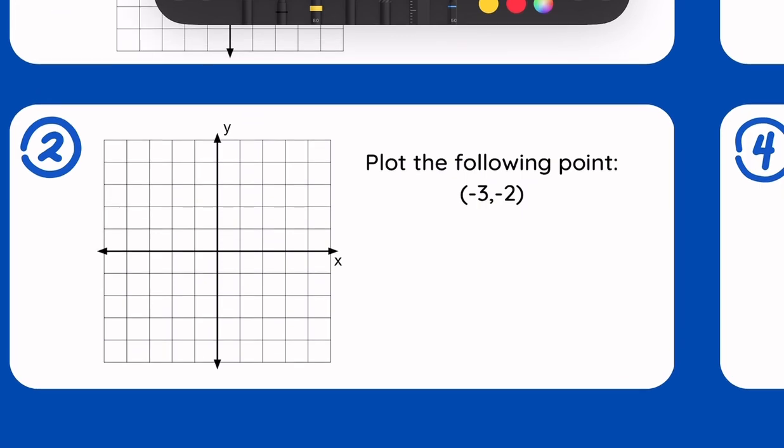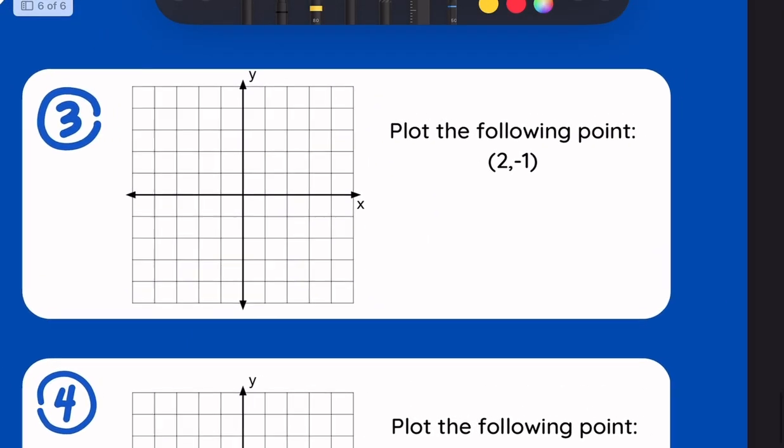Now let's plot this one, -3, -2. -3 along the x-axis is 1, 2, 3 points to the left of 0, and -2 is 1, 2 points below 0. This will be -3, and this will be -2.